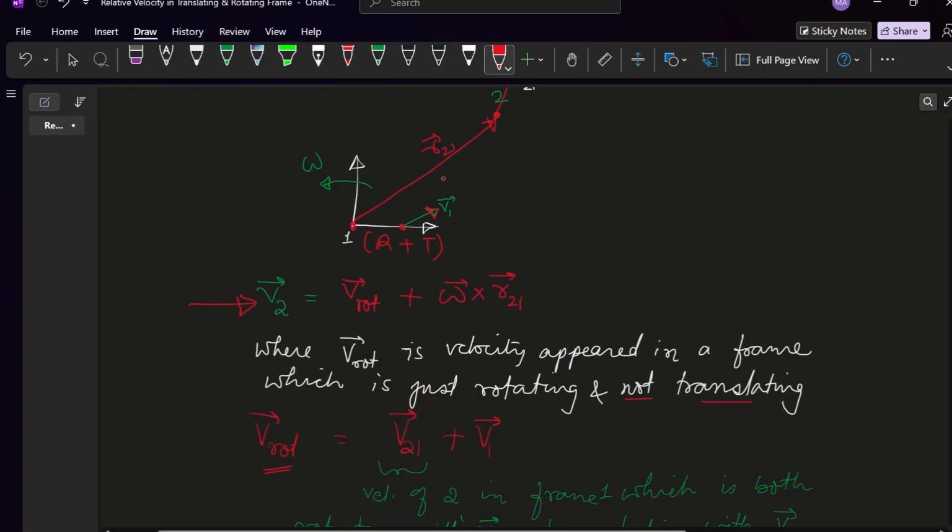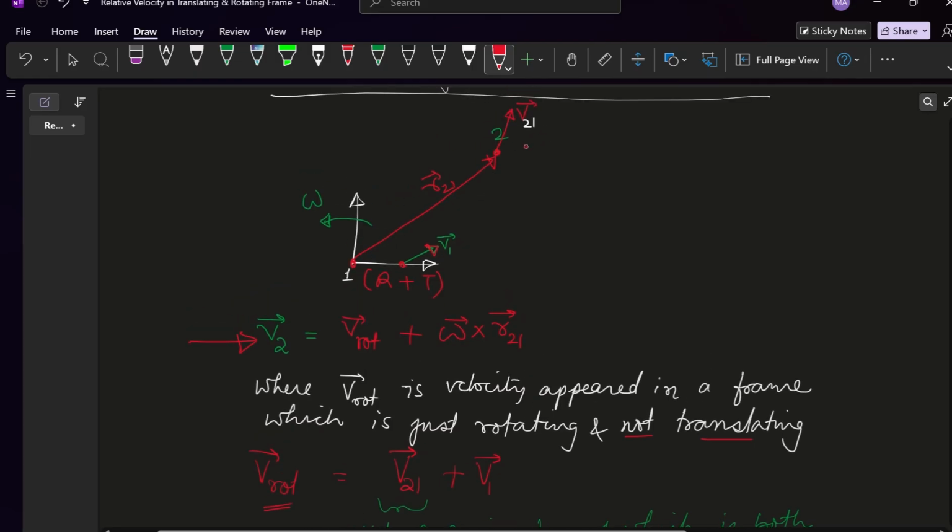If this guy 1, who is the rotating plus translating frame, sees that the velocity of 2 is the v21 vector, meaning velocity of 2 with respect to 1, who is saying this? The guy 1 who is rotating plus translating is saying v21 vector. Very important. So I am trying to find what v rotating is here.